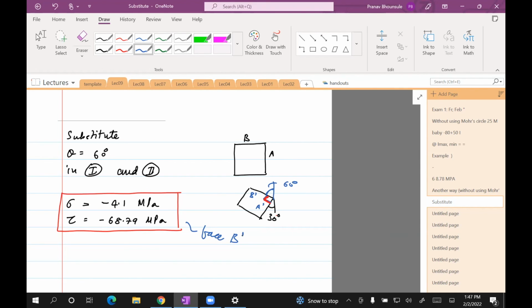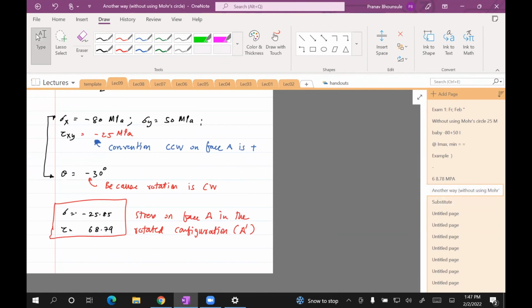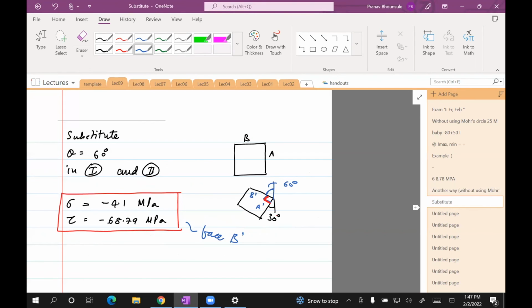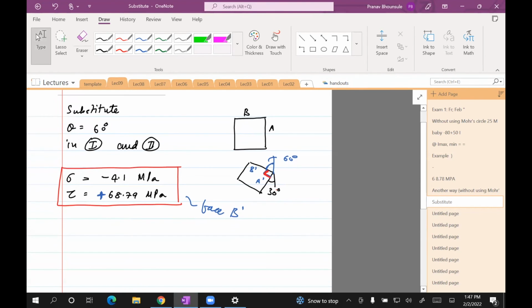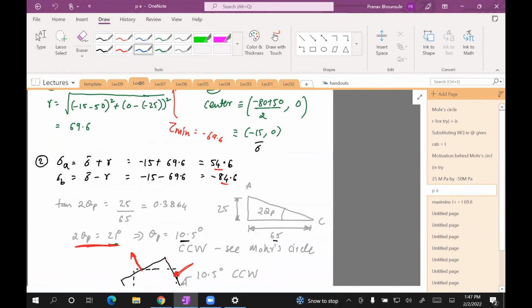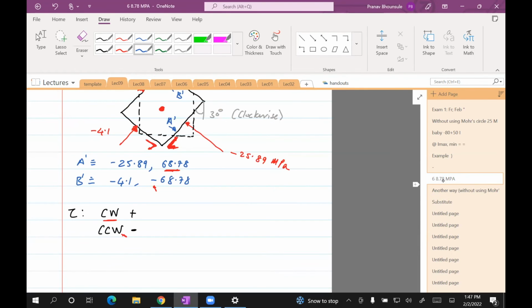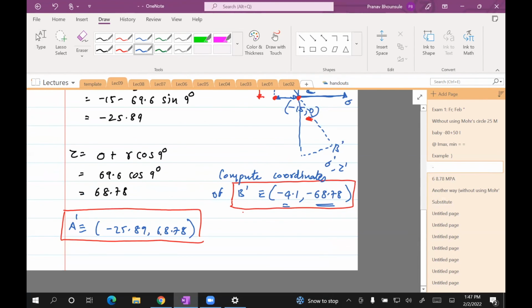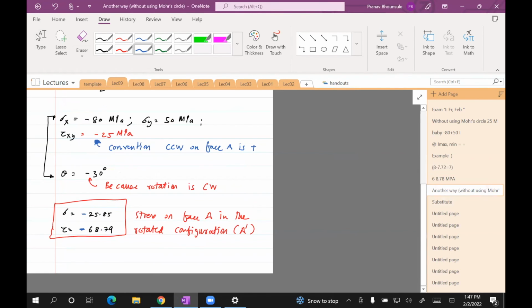That you can do. You know what? I think, my bad. This is actually negative. Sorry about this. And this is positive. So this is negative, this is negative, but you will see that it doesn't actually match with the answer I had for the Mohr circle. If you look at this, it's positive for A and negative for B, and you got exactly the opposite here.